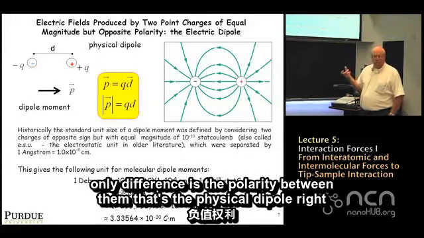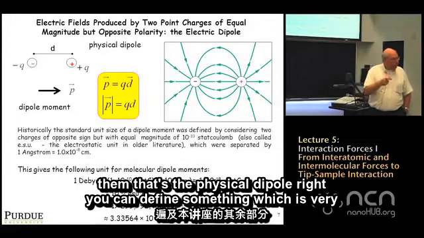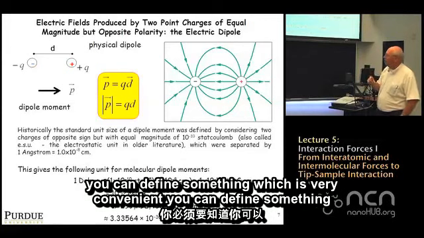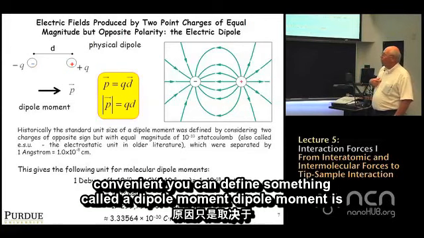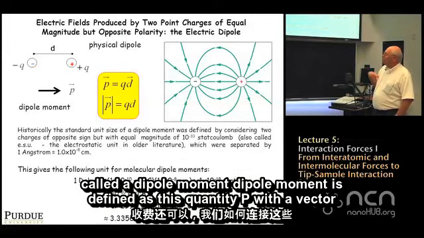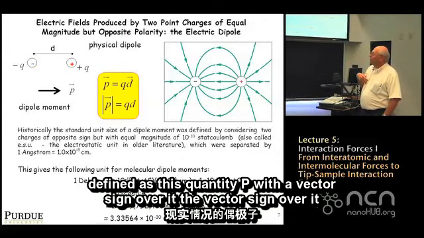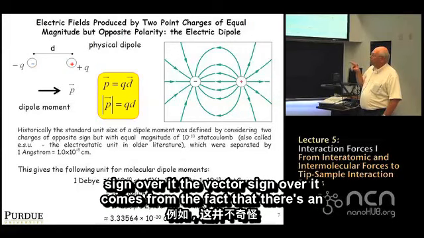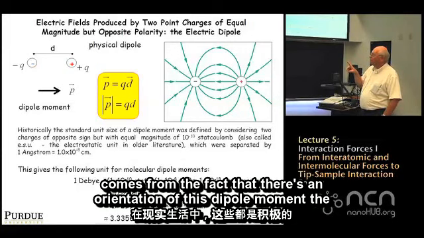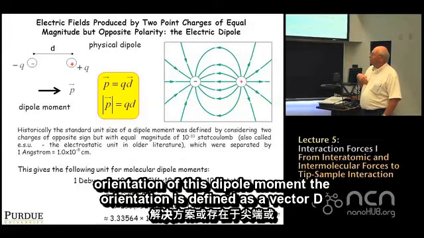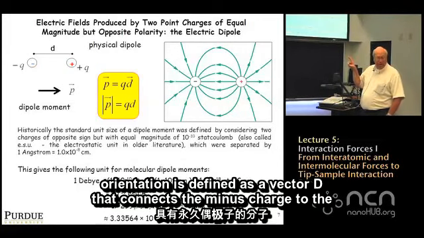That's the physical dipole. You can define something very convenient called a dipole moment. The dipole moment is defined as this quantity p with a vector sign over it, because there's an orientation to the dipole moment. The orientation is defined by a vector d that connects the minus charge to the positive charge.